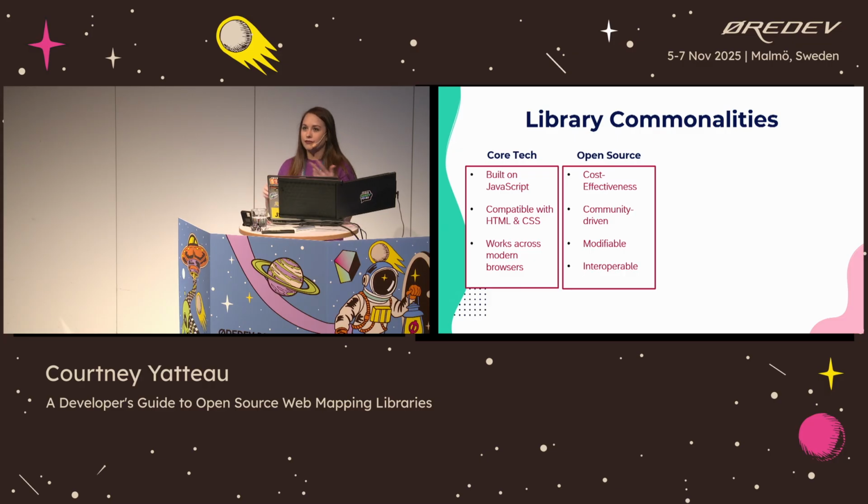I saw a lot of traction going on around there. So yeah, lots of support. And you've got a lot of different plugins as well. We'll look at some of those. And they're modifiable. So of course you have the full source code available to you. And they're interoperable, so you've got your open standards, they're cross-platform, you have data compatibility, and of course, very easy to use, very seamless to integrate into your apps.